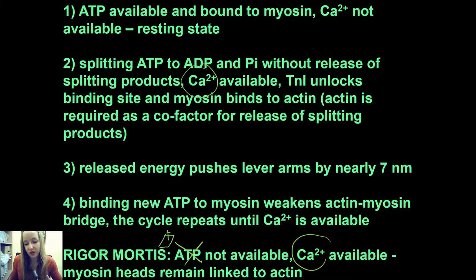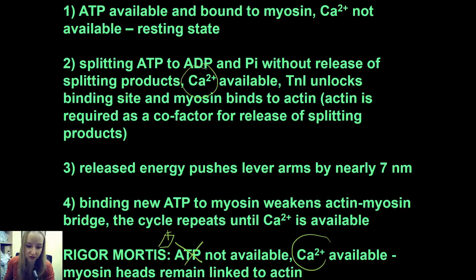So that's when the contraction occurs and remains, because you don't have a new ATP molecule to bind and detach the myosin head. It will last a few hours, and after that the calcium levels will drop because the body is dead, so the myosin heads will detach.